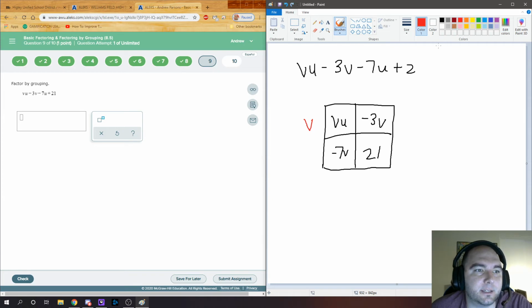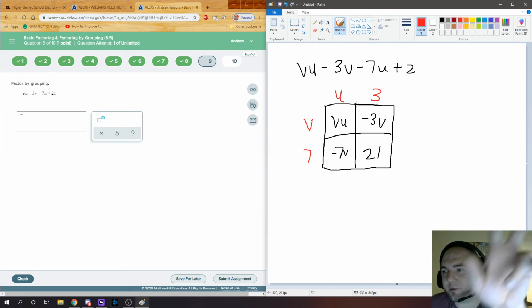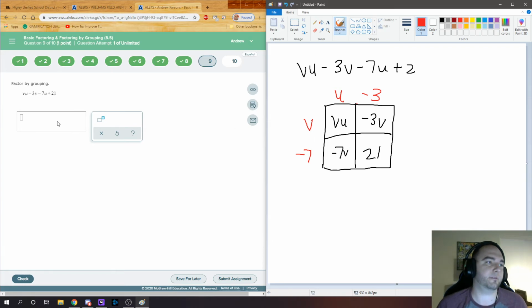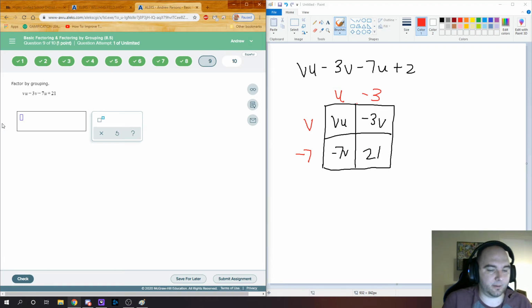Okay, I can divide stuff out. 7, U, and 3. Never mind, scratch what I was saying. I had the wrong number, but now I have the right number. So I could take out a 7 and a 3, but wait, there's still a problem. Minus signs are required on these because that's how I can make these two negative while keeping the 21 positive. And everything will work out there.